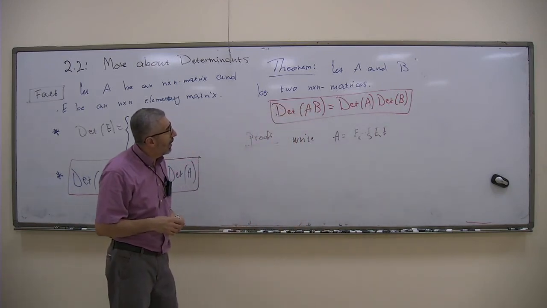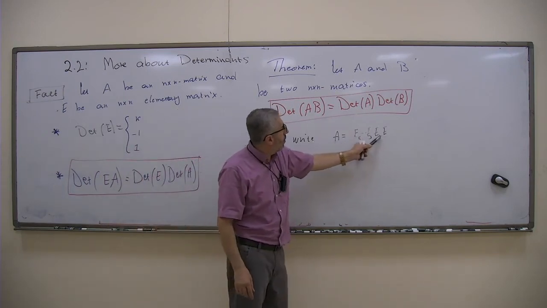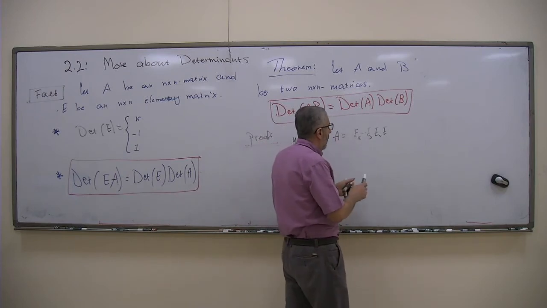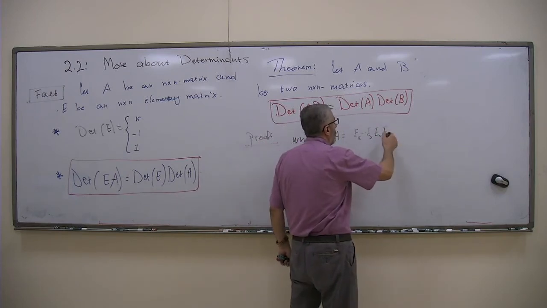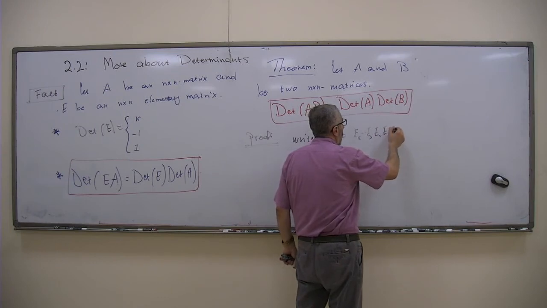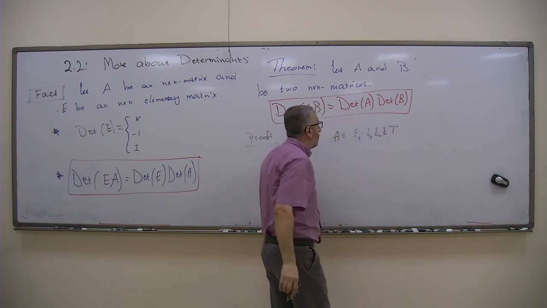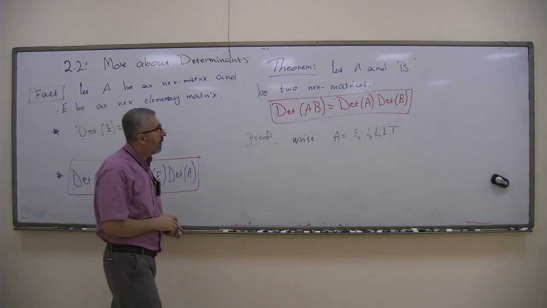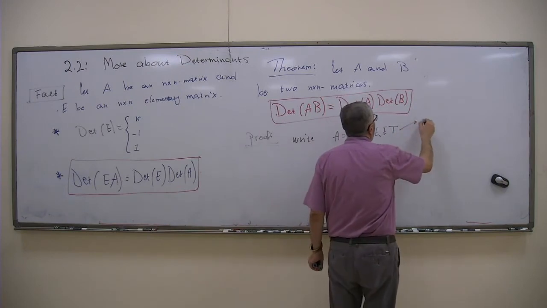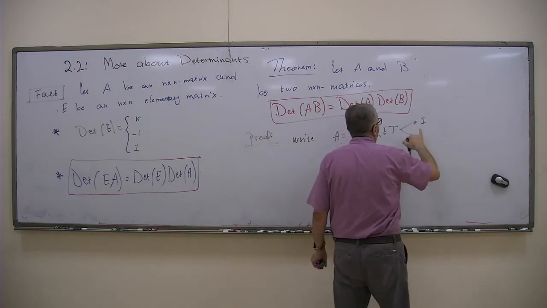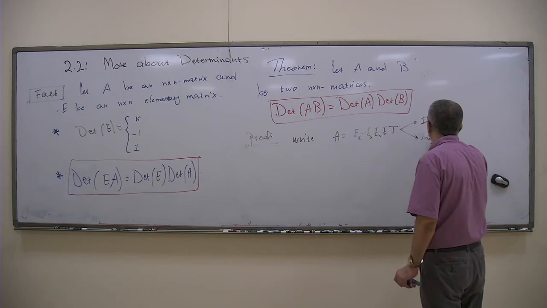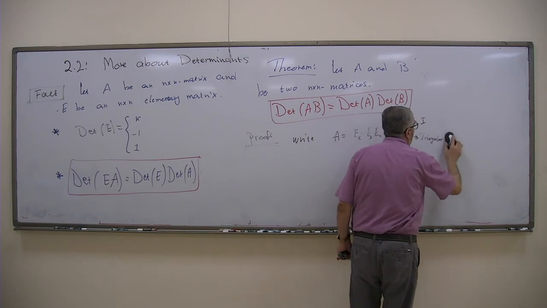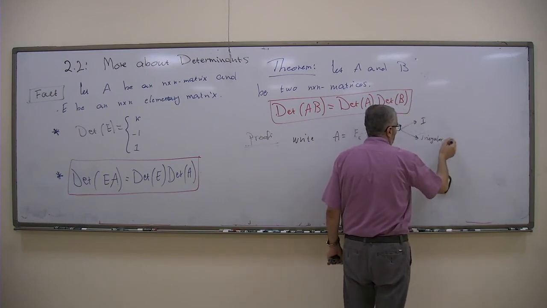Either way, A can be written as a product of elementary matrices times, just for the sake of being accurate, T, where T is either the identity or triangular with a zero along the diagonal, with the zero row.